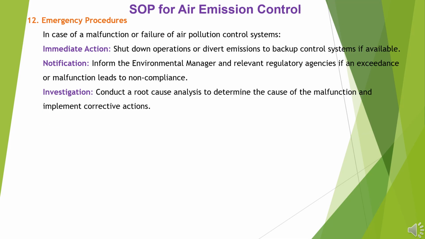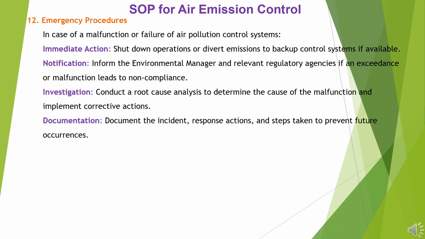Investigation: conduct a root cause analysis to determine the cause of the malfunction and implement corrective actions. Documentation: document the incident, response actions, and steps taken to prevent future occurrences.